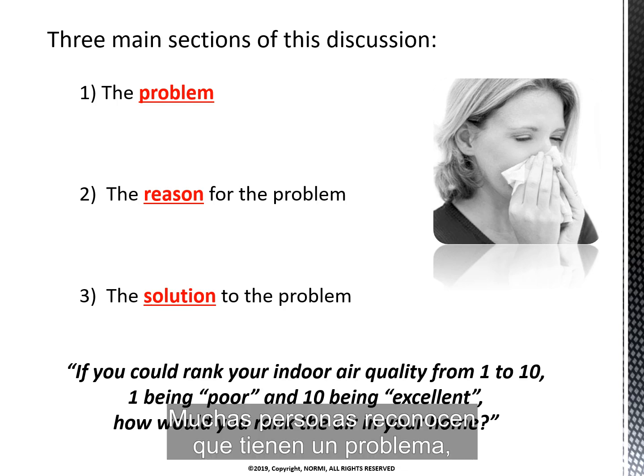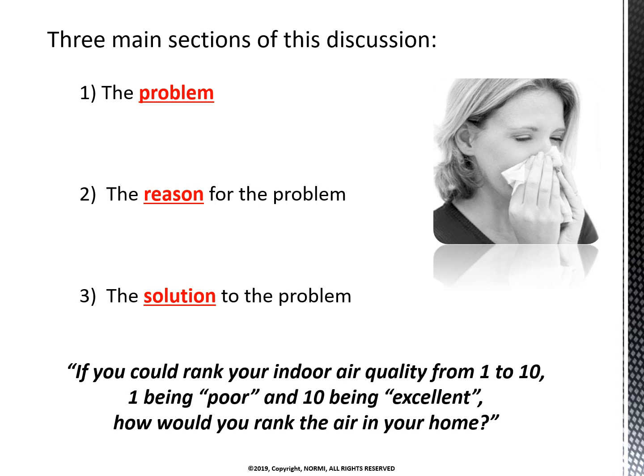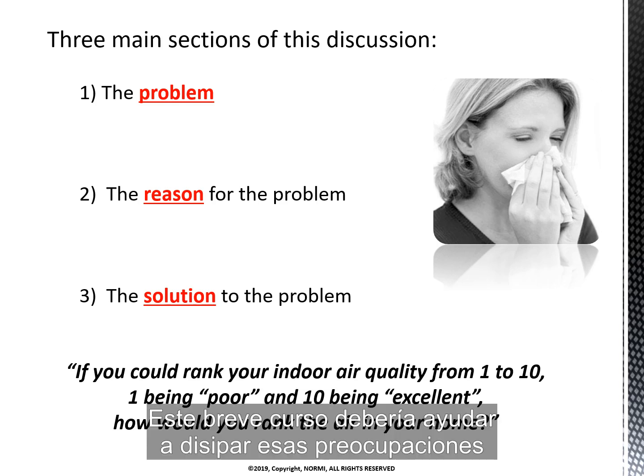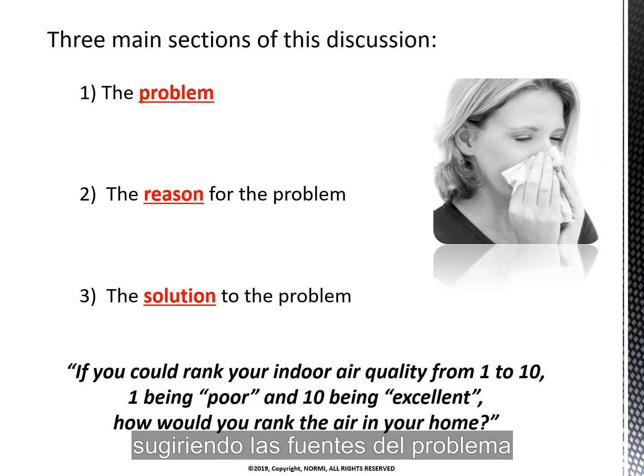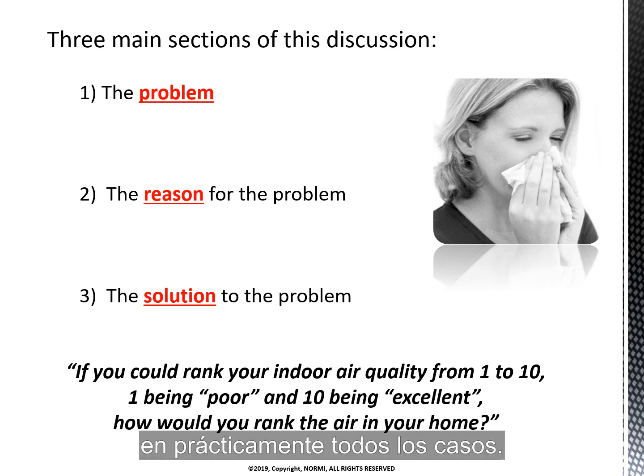That many people recognize that they have a problem, but not quite sure what that problem is or who to call to resolve it. This short course should help put those concerns to rest by suggesting the sources of the problem and the solutions that are effective in improving indoor air quality in virtually every single case.